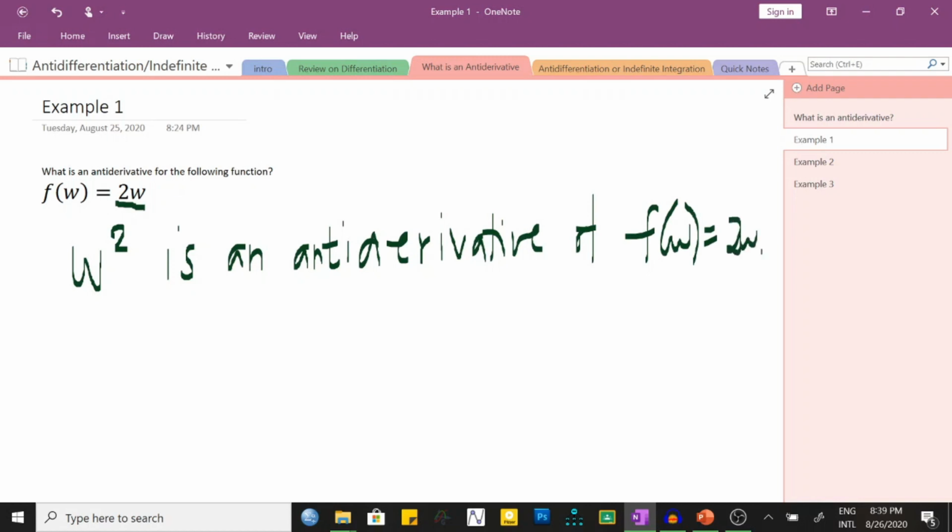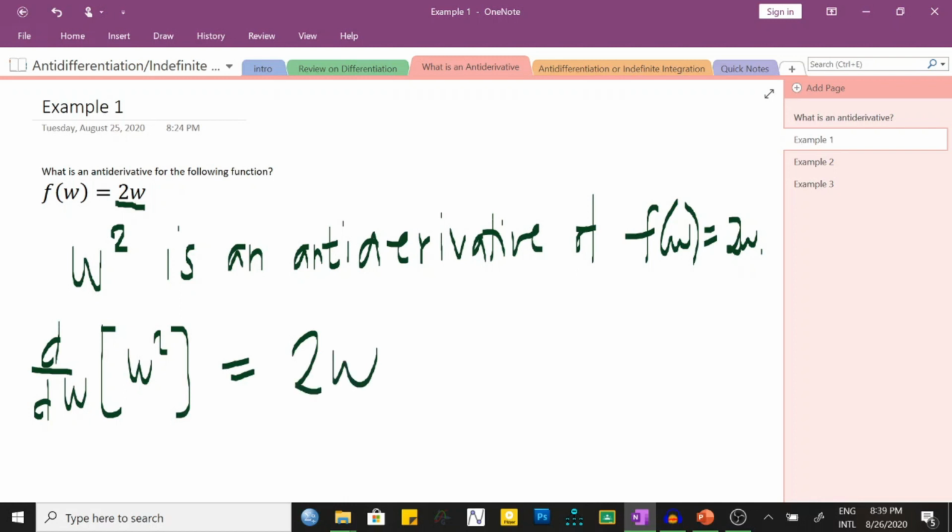Why is that? Because when we take the derivative of w squared, the result is 2w.